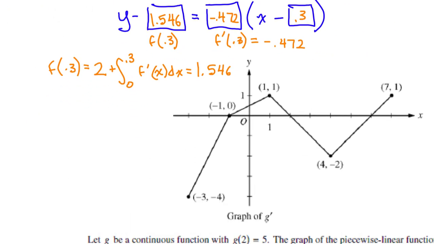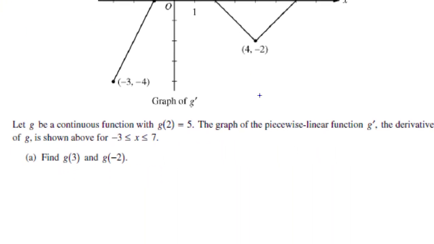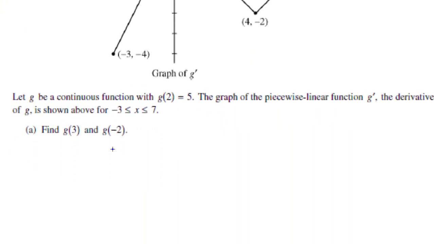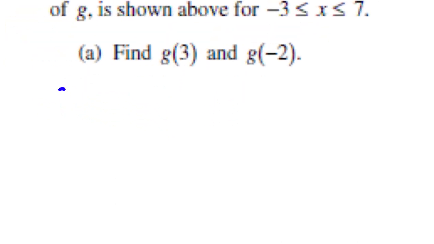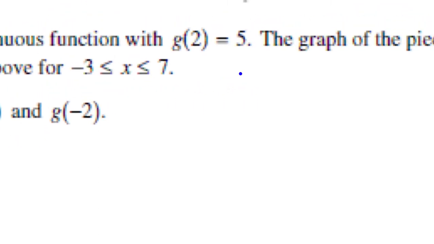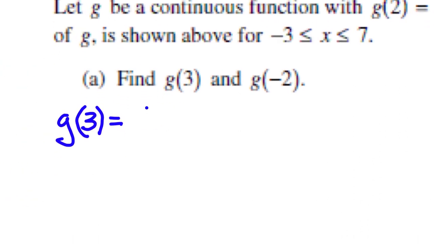That was number 4. This is going to be number 5, starting with this graph. Okay, have this cool little graph, and we need to find g of 3, g of negative 2. So again, zoom in here. What is the definition to find g of 3? g of 3 is going to be given by the start. What is our start condition? Our start is 5, so this is going to be 5 plus the integral from 0 to 3 of g.